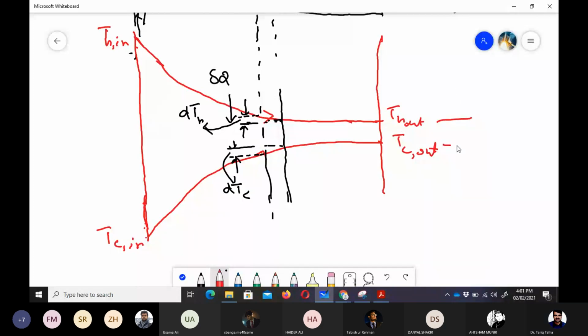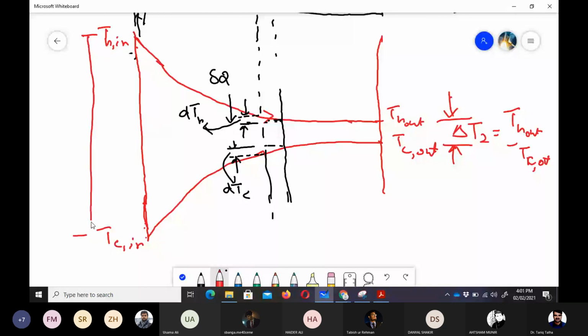This distance I call delta T2, which is T_H out minus T_C out, and here this is delta T1, which is T_H in minus T_C in. So I have defined delta T1, delta T2, and also dT_H and dT_C.